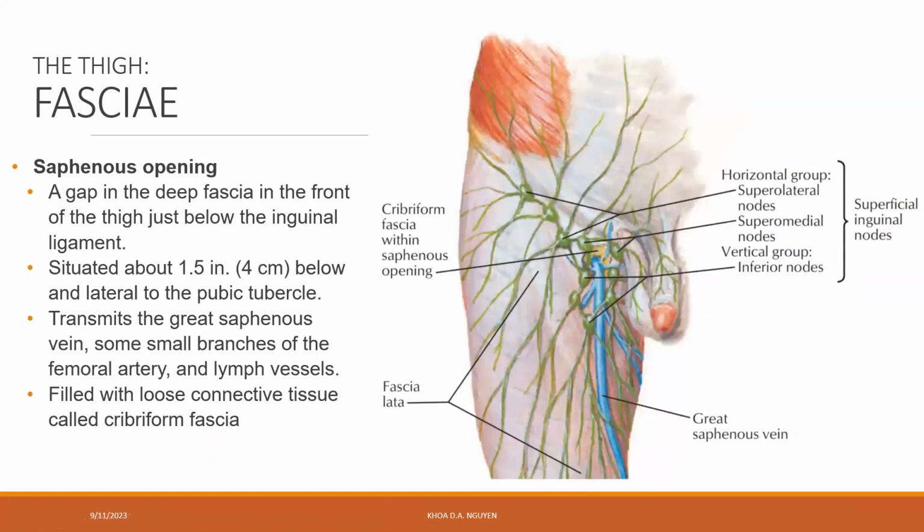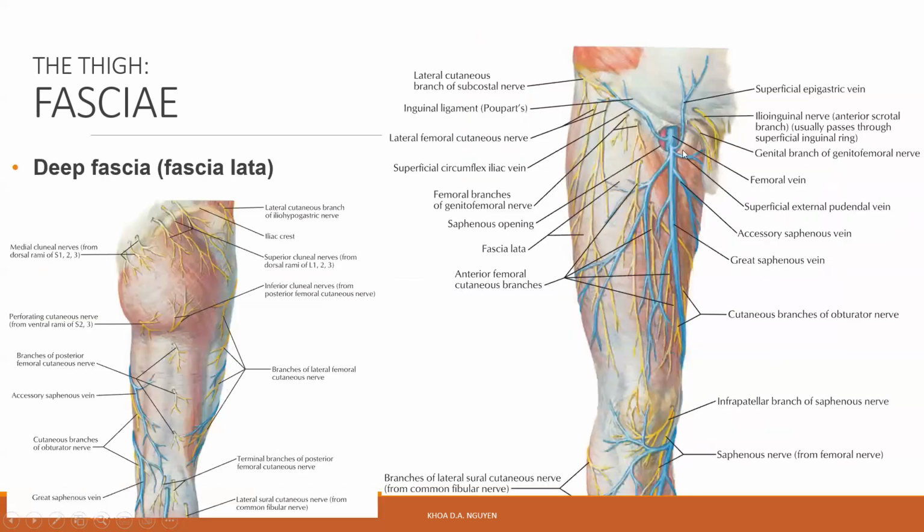Now, the saphenous opening is basically just a gap in the deep fascia here, where the great saphenous vein is going to go in, okay, in order to join with the femoral vein, like in this view you can see. Okay, the femoral vein is this deep vein right here, and the superficial vein, which is the great saphenous vein, will have to find a way to get back and dump its venous blood into the femoral vein, right?